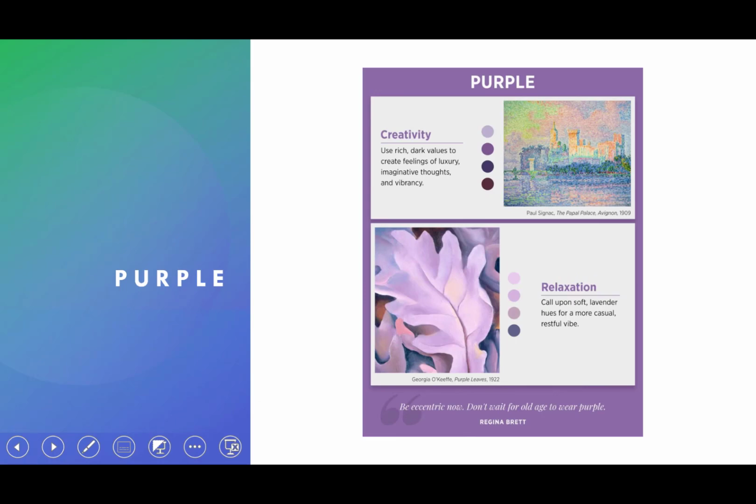Purple. Purple is connected to royalty. Interestingly enough, purple in a lot of cultures represented royalty. So this bottom one here, well, I guess neither one of these examples, but purple often is seen as something that is, oh, here on the first one here, luxury, because purple was connected to royalty.